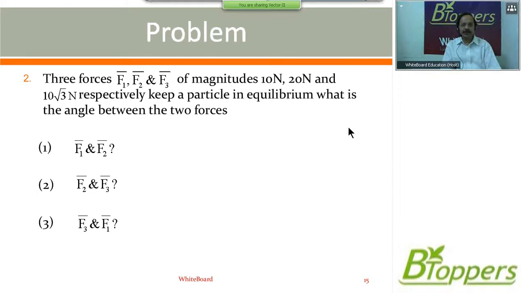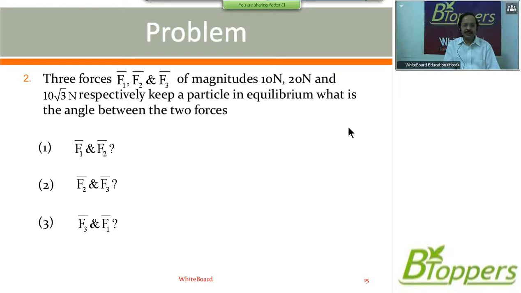From the result we have just discussed, if the resultant of three forces is 0, then the three forces can be graphically represented along the three sides of a triangle, all taken in the same order, provided no two forces are parallel.